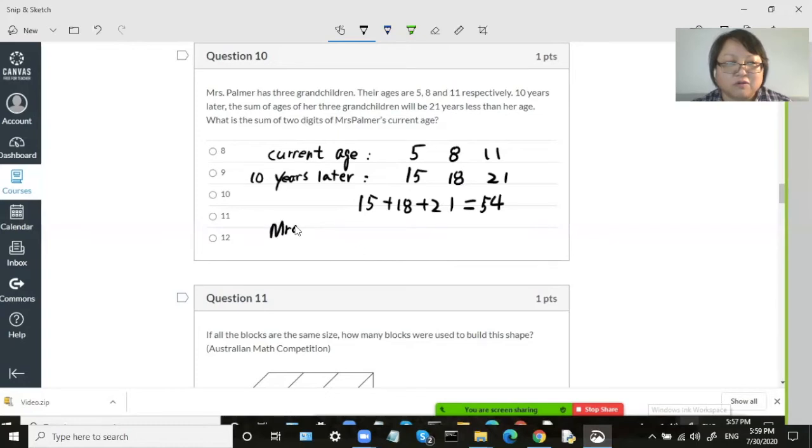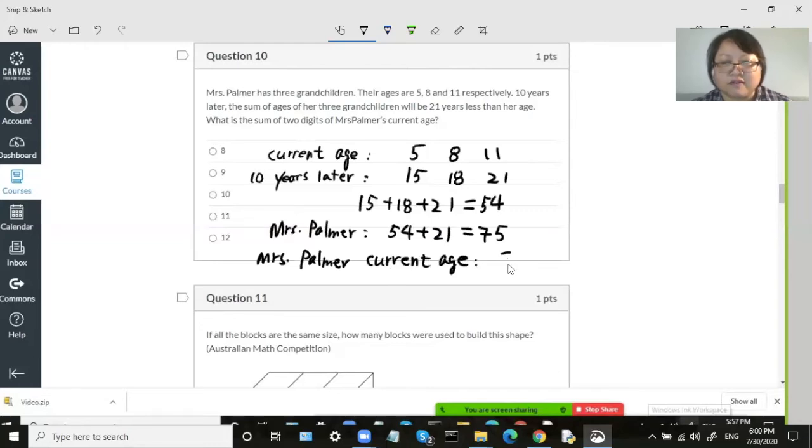So Mrs. Palmer's age 10 years later is 54 plus 21, which is 75. And then Mrs. Palmer's current age is 75 subtract 10 years, 65. So the 2 digits added together is 11. So that would be D.